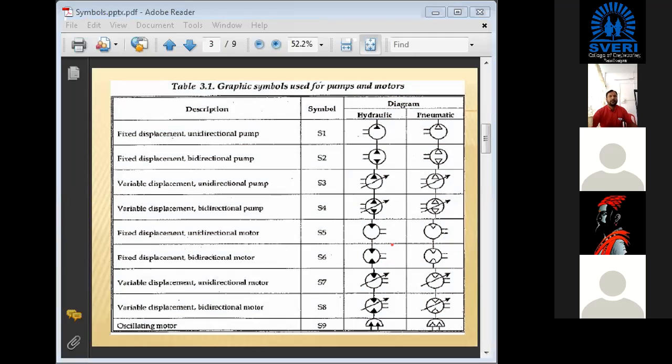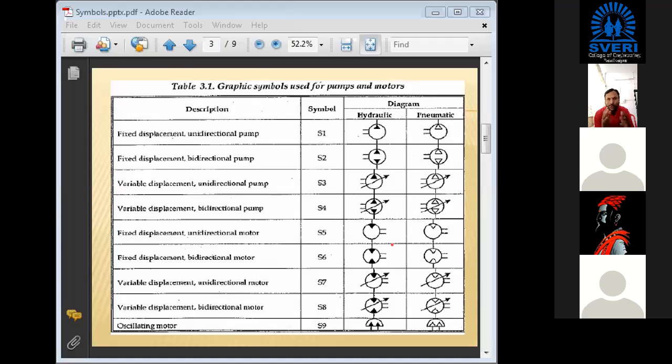Hello, sir. Yes, please. Sir, the pump and motor difference is only on the basis of the arrow? No. See, for symbolic purpose, its difference is only the arrow. Correct. But if you go by working or purpose, they have different principles.